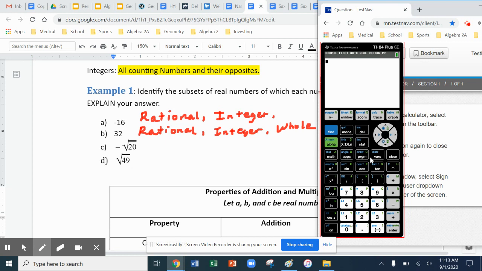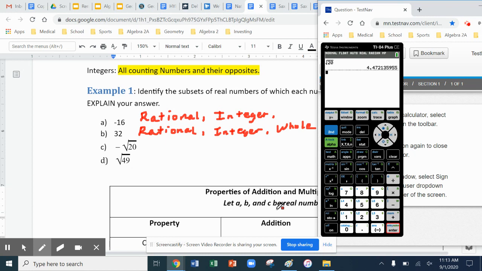For square root of 20, I want to just take a look at my calculator. If I put in square root of 20, in this case it is square root of -20, that's all right, just makes it negative. I do get a number, 4.472135955, and it looks like there's not really a pattern that repeats, and it's not going to end.